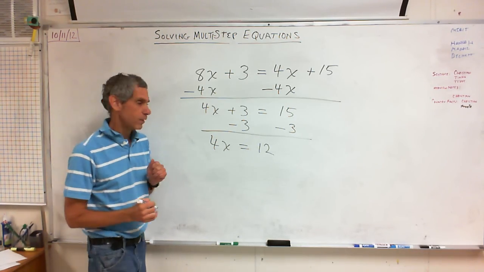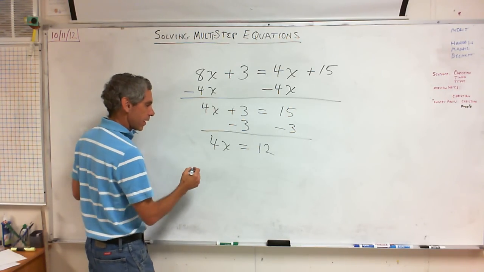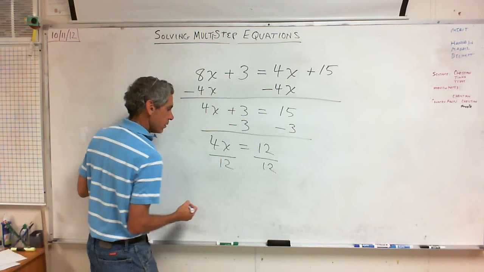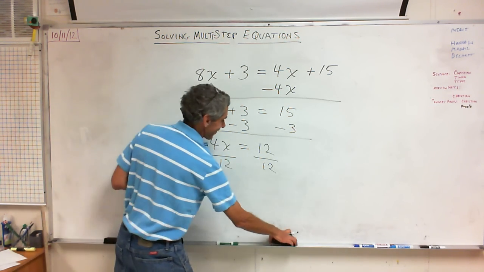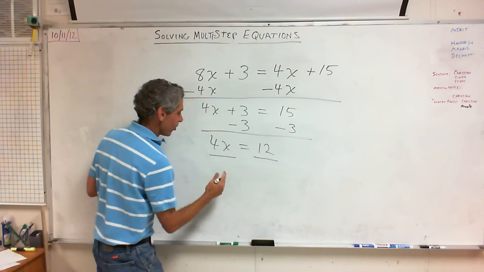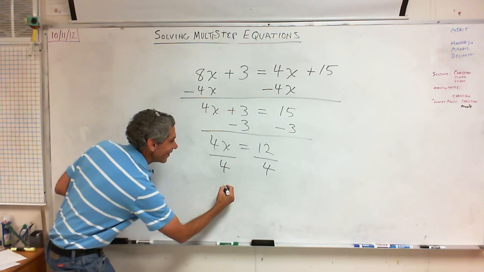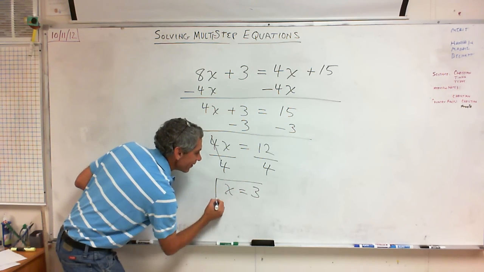Am I doing it right? All right. And then the last thing I need to do is this, right? Now talk. So x is equal to 3.